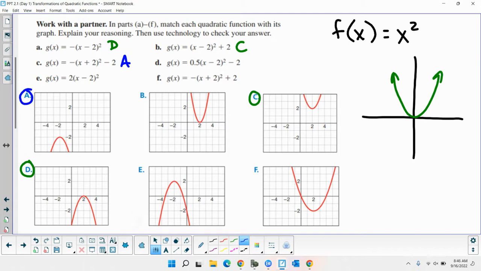And it went right 2 and down 2. Did it make it skinnier, or maybe it made it? Oh, it's a half, so it's between 0 and 1, so it's not stretching it, it's compressing it, right? So it's making it wider or fatter, so it's F.